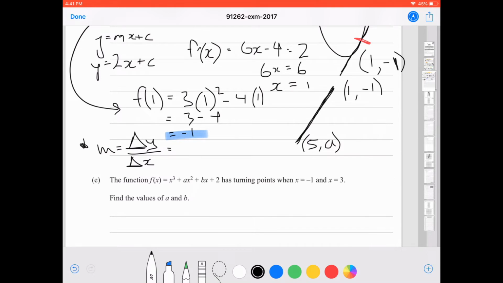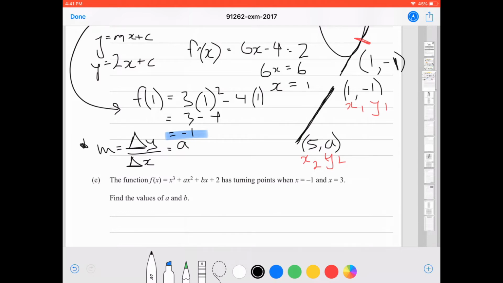Let's have our top point be x1, y1, and this is x2, y2. So it's y2 minus y1.